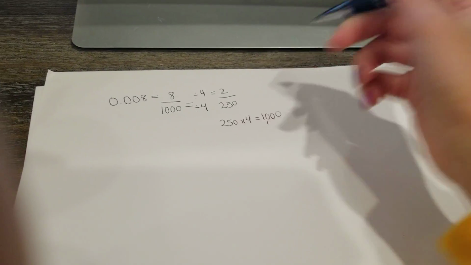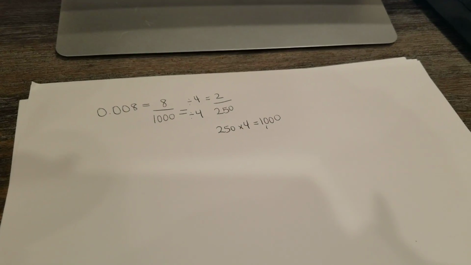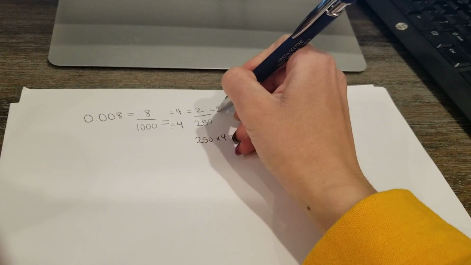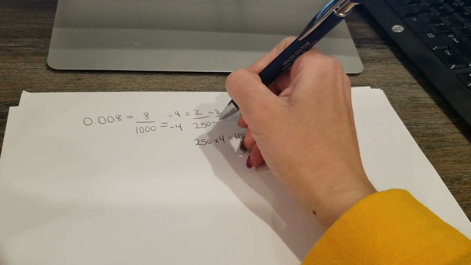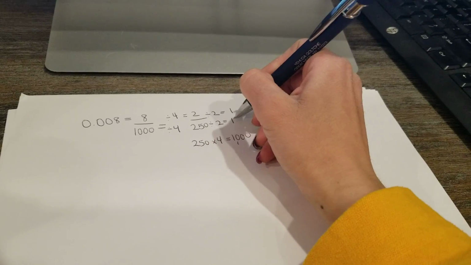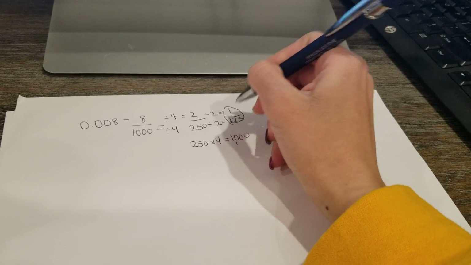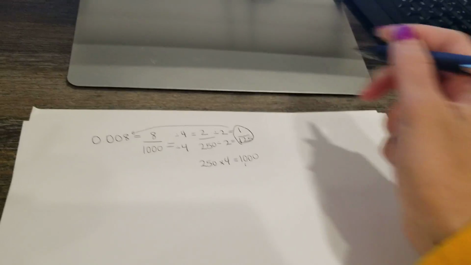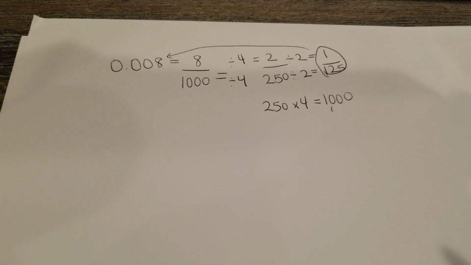I'm noticing that I could get even more simple than that, because I could divide 2 by 2 and get 1, and I could divide 250 by 2 and get 125. So 1 out of 125 is what 8 thousandths is equal to.